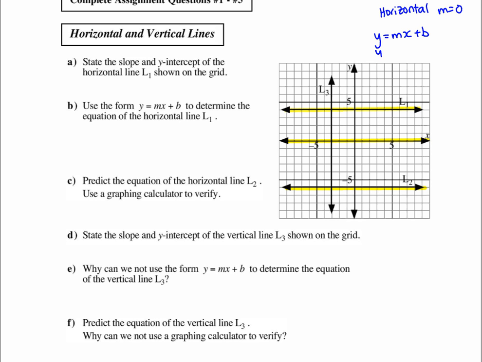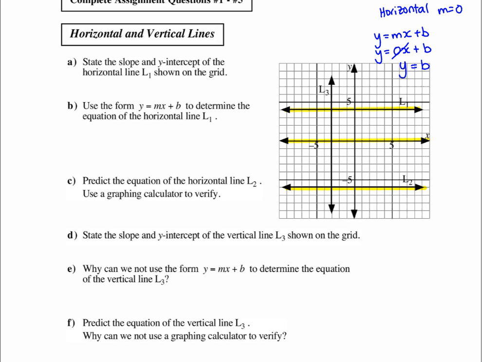You get y equals 0 times x plus b. What is 0 times anything? 0, so it's just gone. Which is why our equation for a horizontal line is y equals b, or y equals a constant.